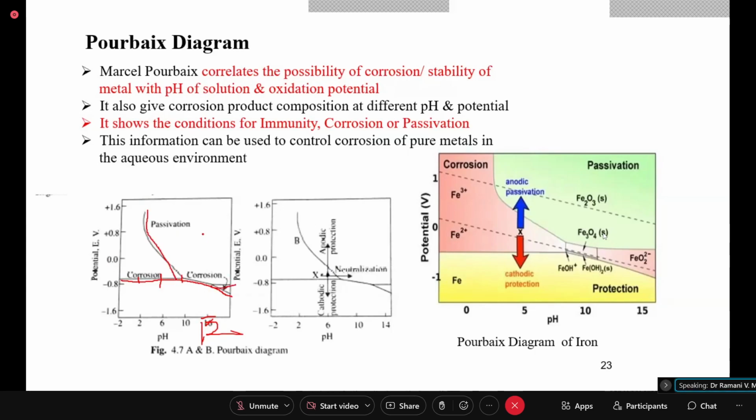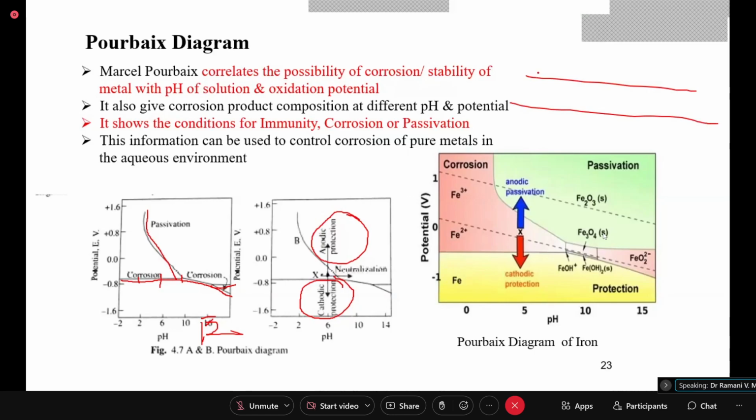This is the part of passivation by anodic protection. Okay, this is the part of cathodic protection. Now what is meant by cathodic protection? You are having an iron pipeline, and iron, if it comes in contact with noble metals also, it may undergo oxidation.